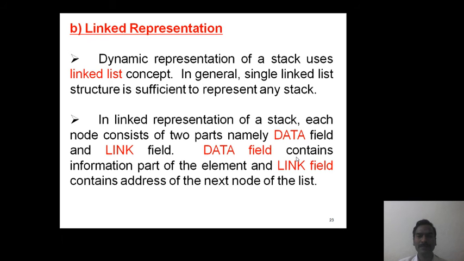In this format, every element is represented as a node that consists of two important parts, data part and link part. The data part holds the information of the element and the link part holds the address of the next node of the list.